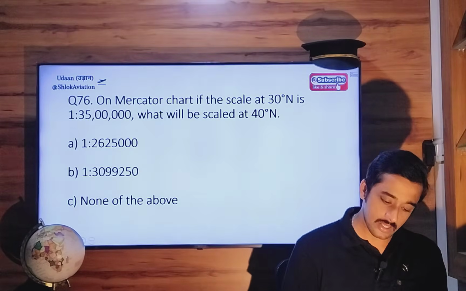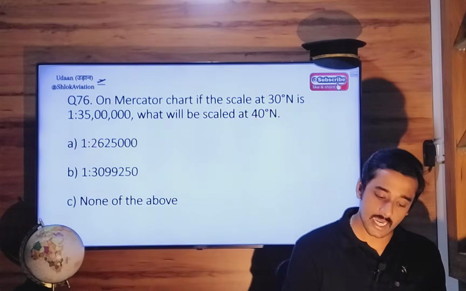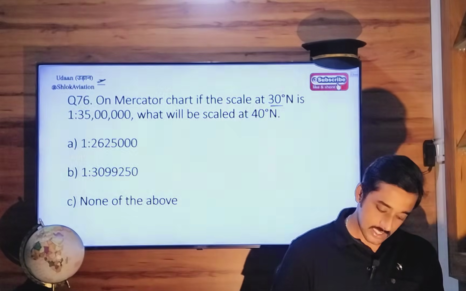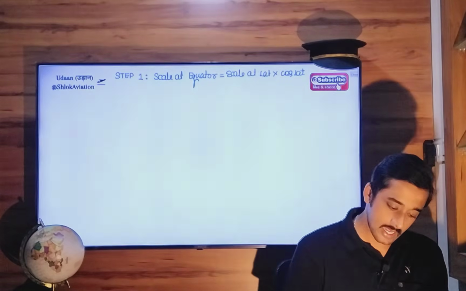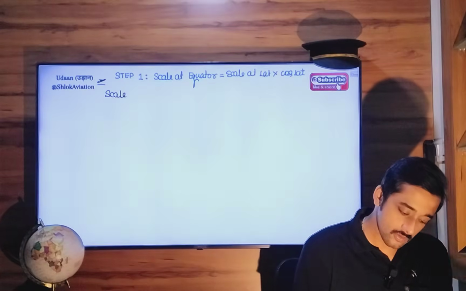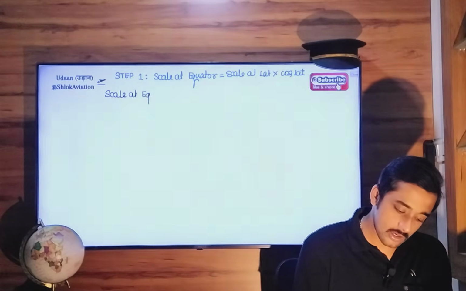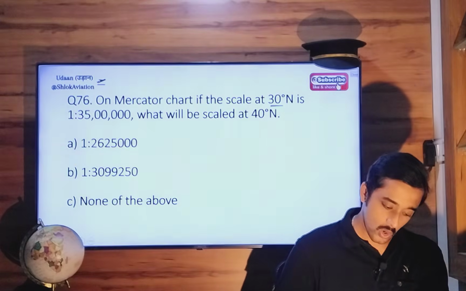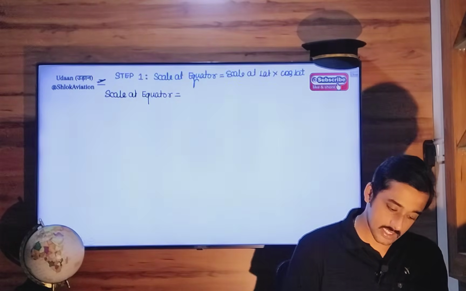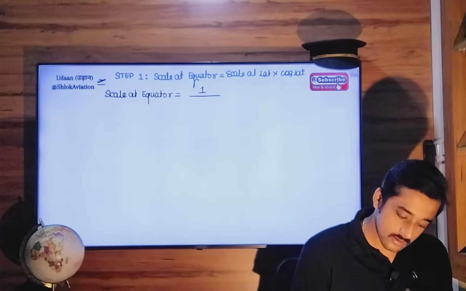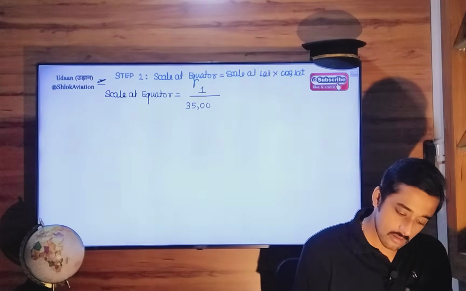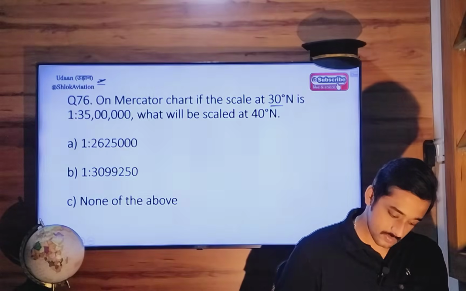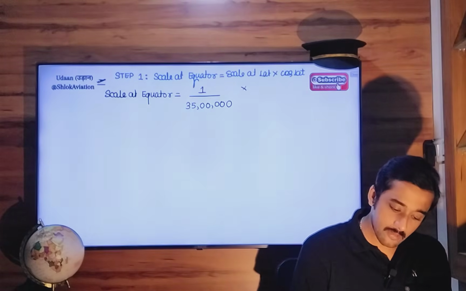So here they have given us information of scale at 30° north. So let's use that. Scale at equator will be equal to scale at 30° north latitude, that is equal to 1 divided by 35 lakhs, multiply by cos 30.